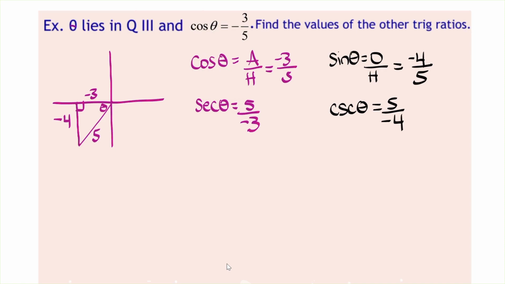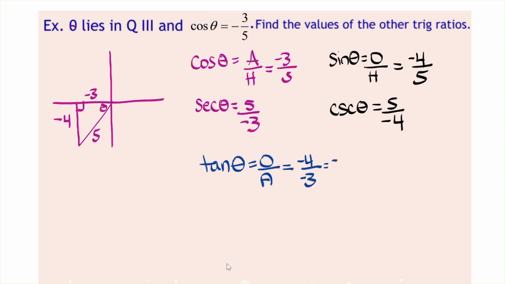Lastly, let's consider our tangent. Tan of theta, we know, is opposite over adjacent. So if I look at my angle and go opposite the angle, I know I'm at the side negative 4. And then the adjacent side is negative 3. I'm going to fix that fraction.